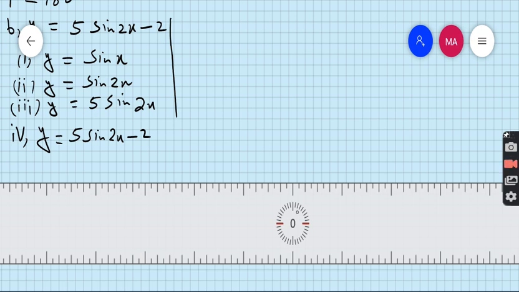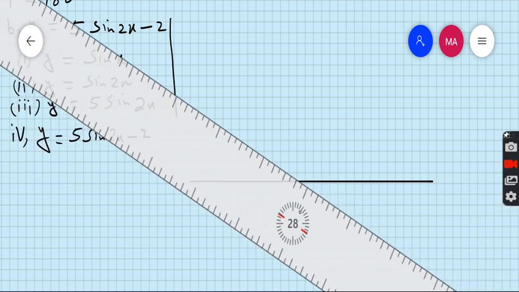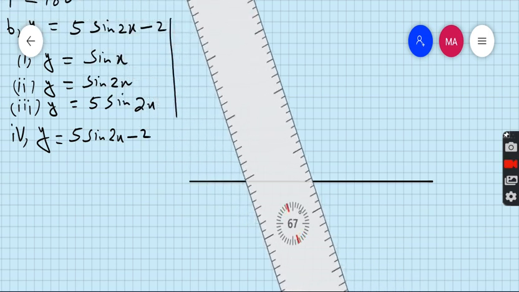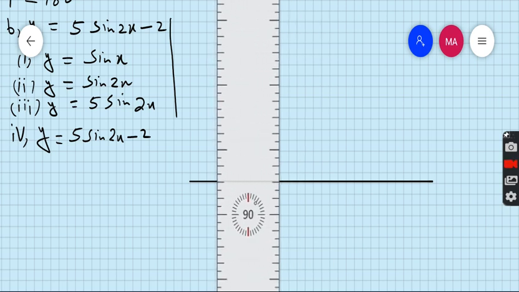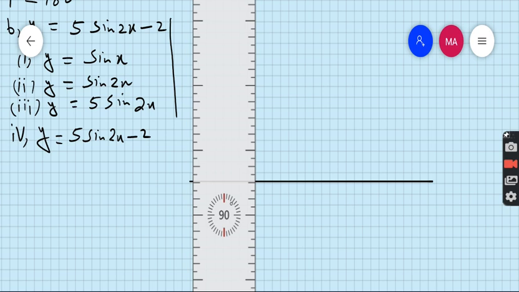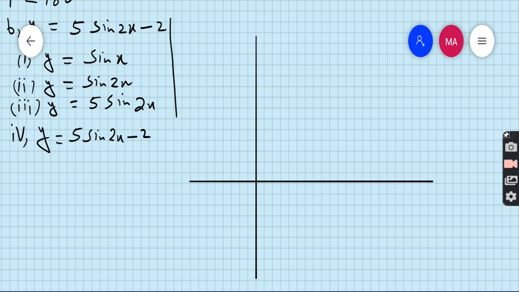First draw the x-axis, then the y-axis. This is our x-axis, this is our y-axis, and this is 0.